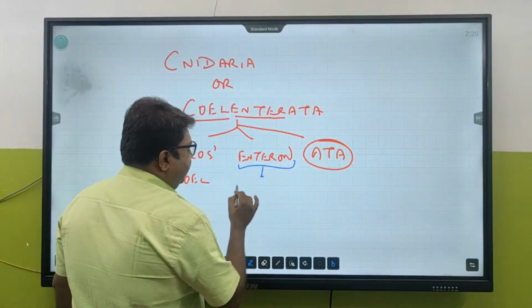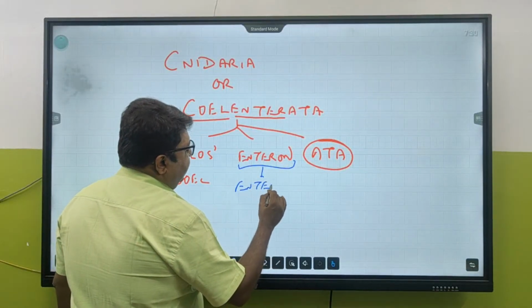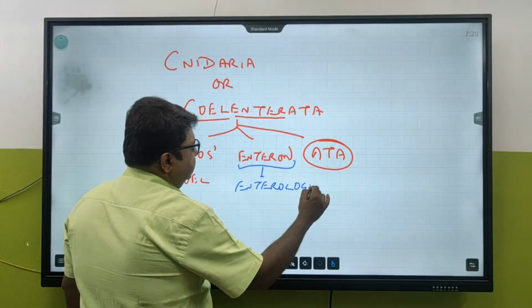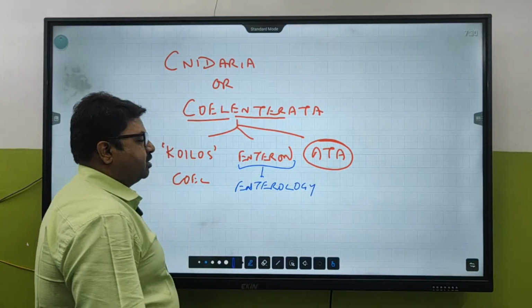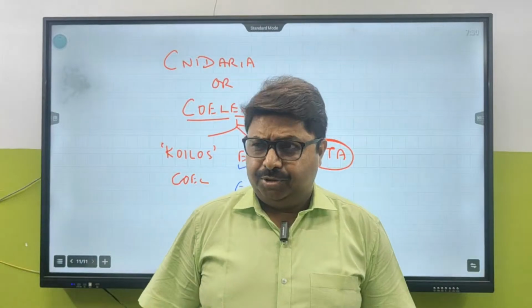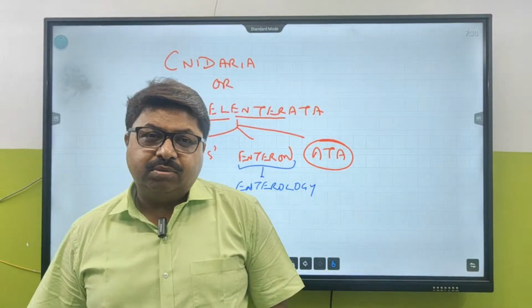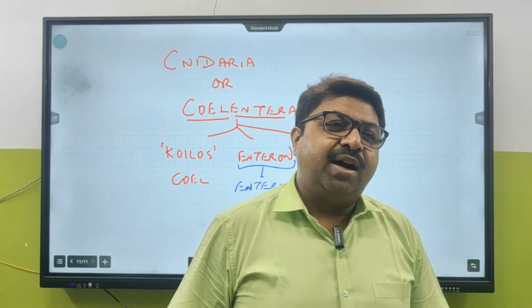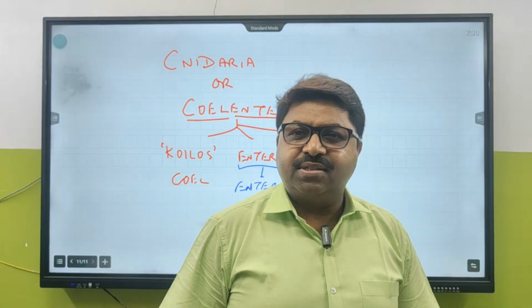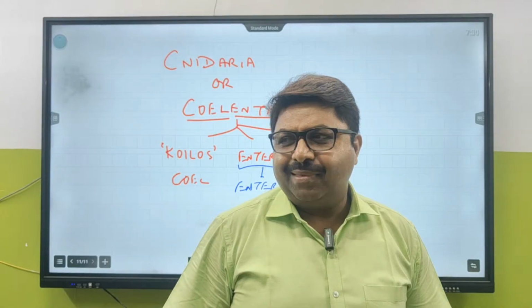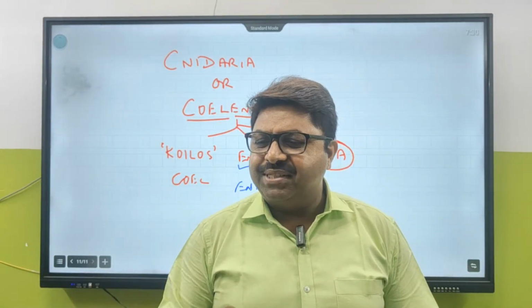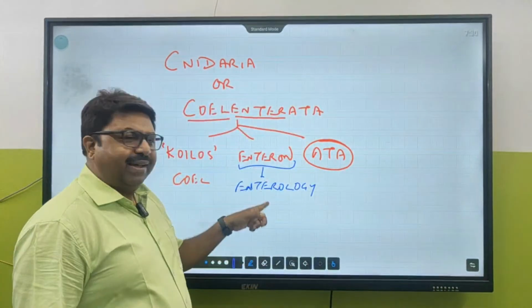What is enteron? It has come from enterology. Tell me, if you have got some problem in your stomach or intestine, whom are you going to show? Which doctor will you reach? Cardiologist or gastroenterologist? Gastro means stomach, entero means intestine. So enteron means intestine.